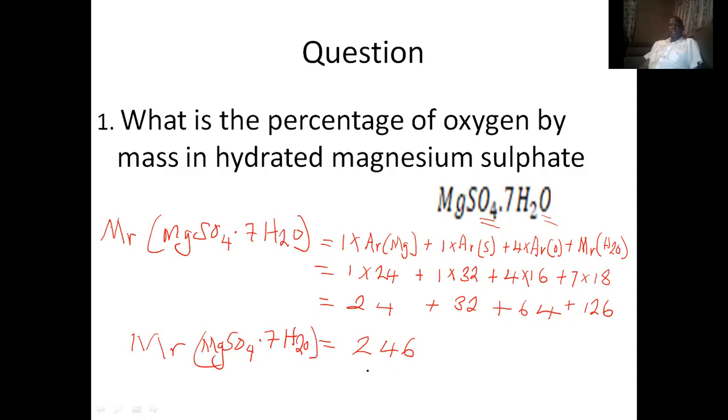Okay, so now that we have found the relative molecular mass for hydrated magnesium sulfate, then we can now get the percentage of oxygen in this, and we know that the percentage of oxygen in magnesium sulfate is 64.